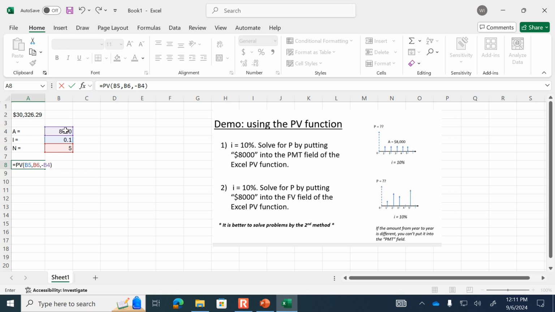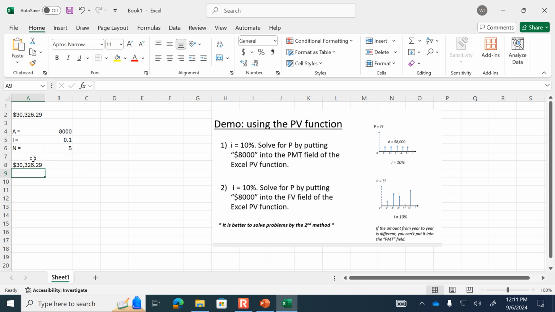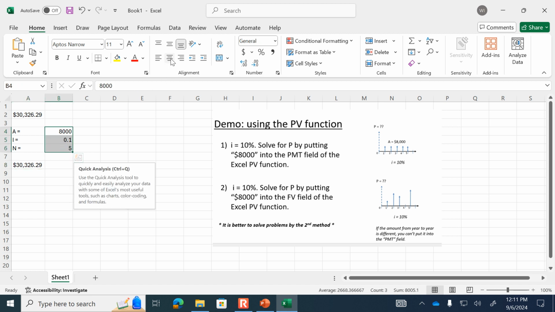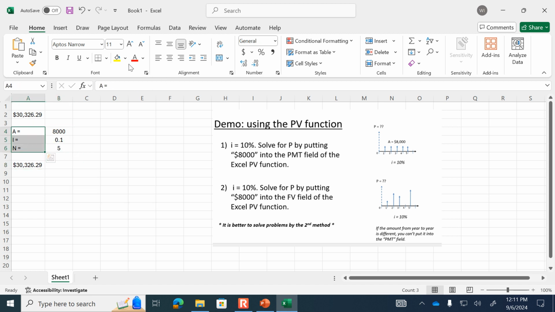and close parentheses. It's going to give me the same value, but the advantage of having this where the variables and the numbers assigned to those variables are outside of the equation is that if I wanted to change something, it's much easier, and I don't have to go into the formula itself where it's hidden most of the time.